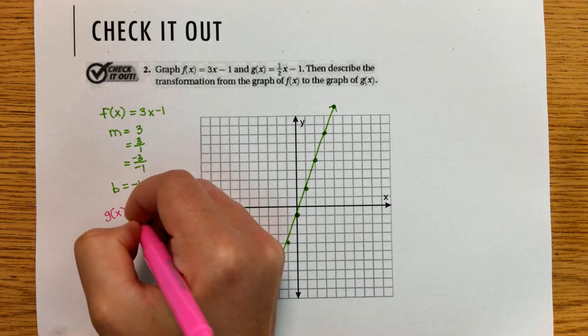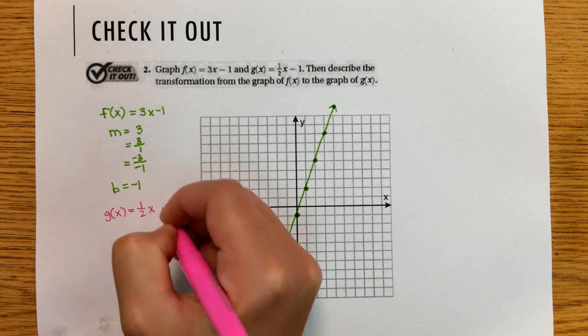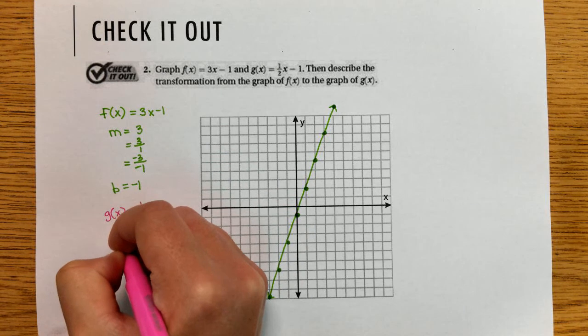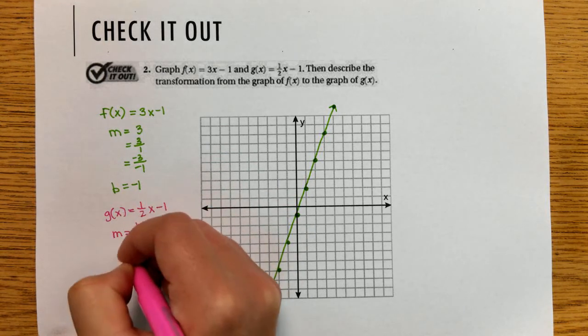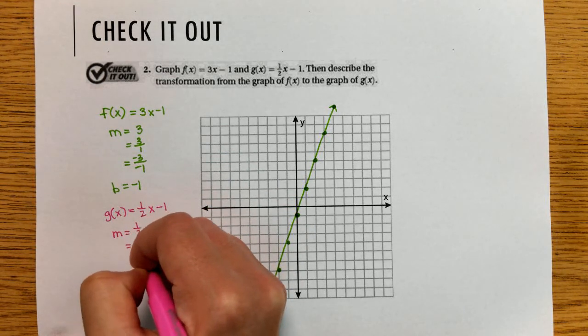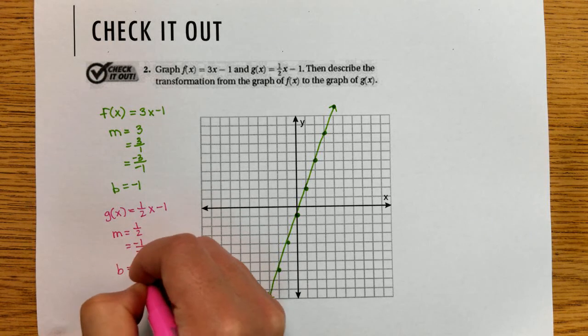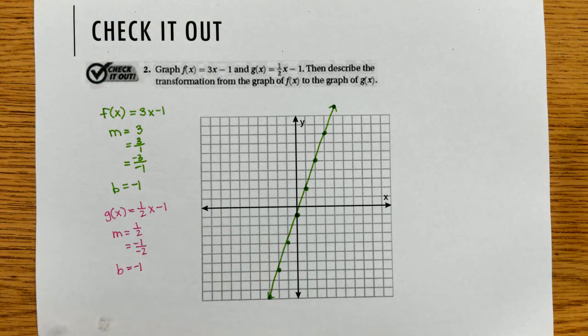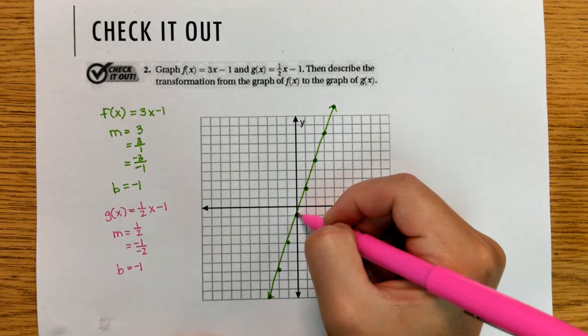So g of x is 1/2 x minus 1. So our slope is 1/2, or you can write that as negative 1 over negative 2. And our y-intercept is negative 1. So they share the same y-intercept, so right here.